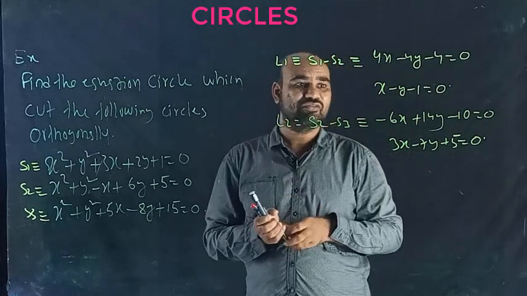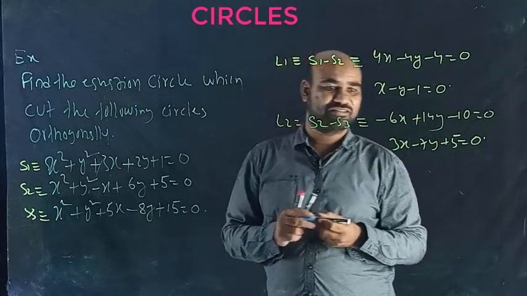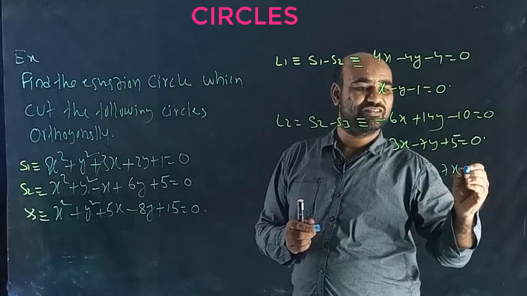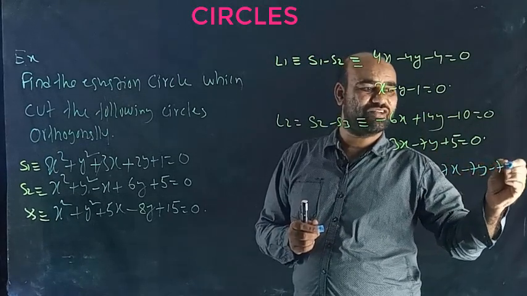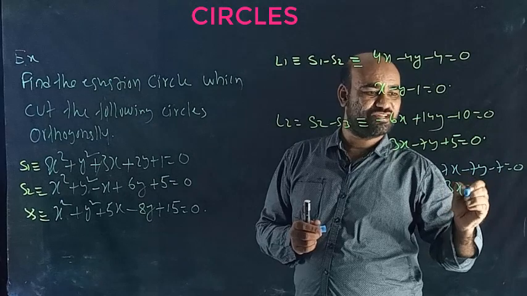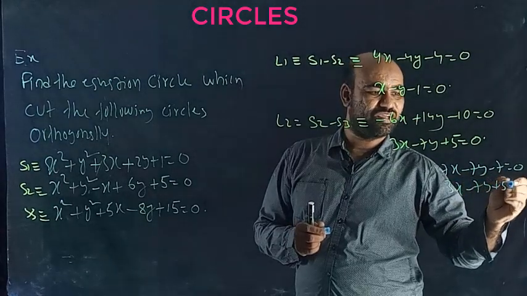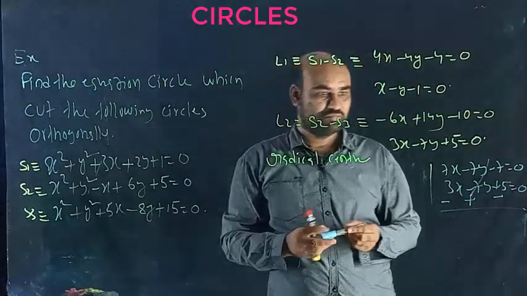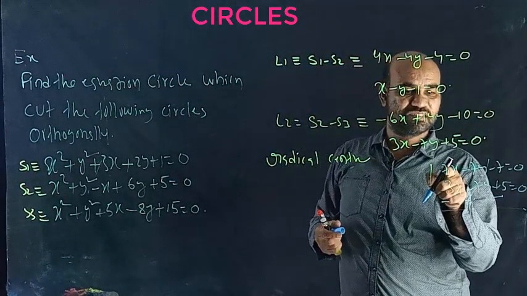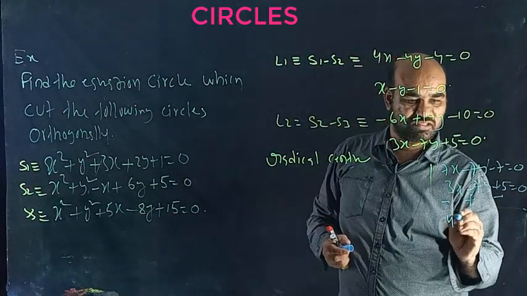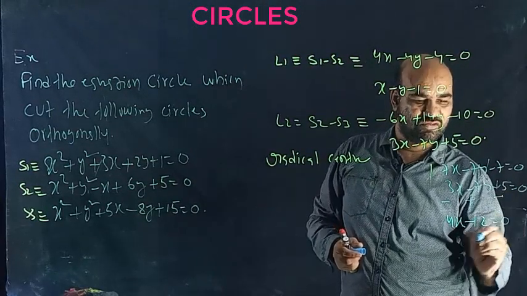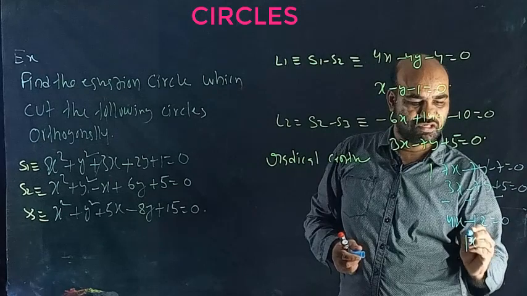Solve these two and we will get the radical center. The first can be written as 7x minus 7y minus 7 equal to 0. The second is 3x minus 7y plus 5 equal to 0. Subtracting, we get 4x minus 12 equal to 0, so x equals 3.